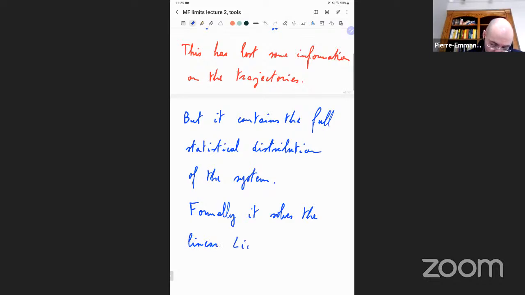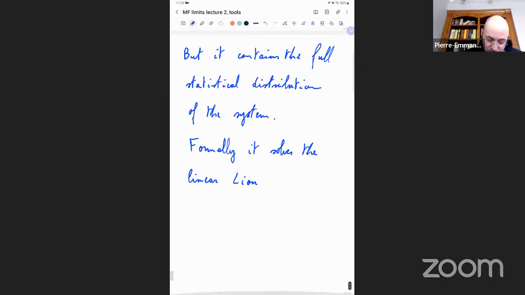All right, so if you have an ODE, the law of the ODE solves what is called the Liouville equation. And if you have an SDE, this is usually called the forward Kolmogorov equation. I might end up calling it the Liouville equation in both cases, most of the time, just out of habit, but okay.